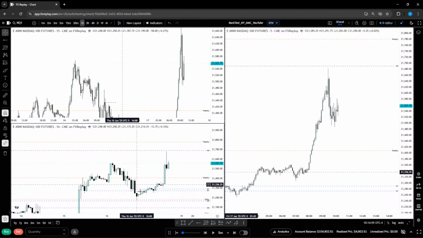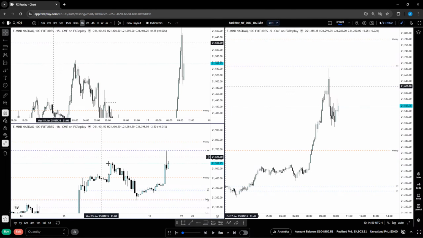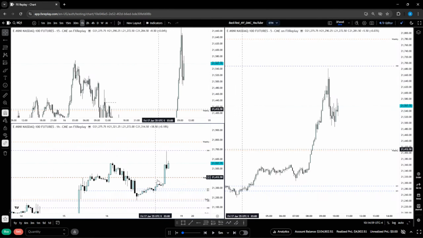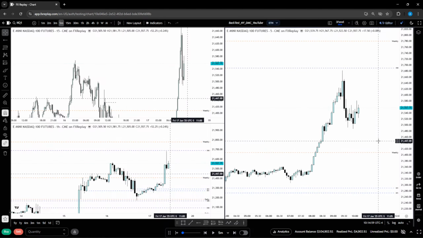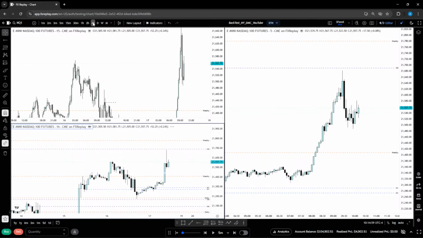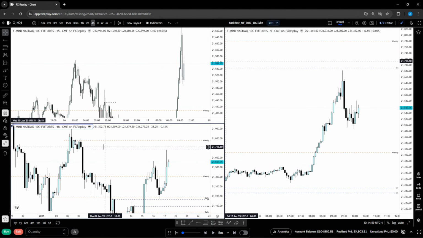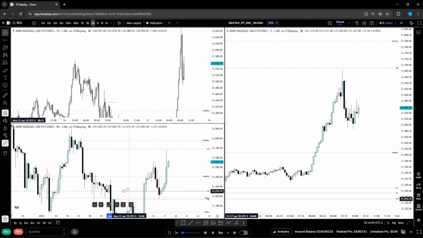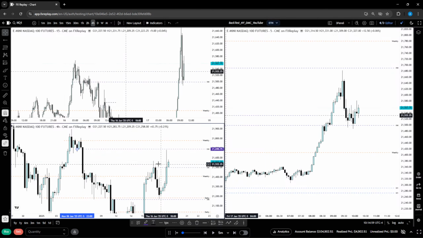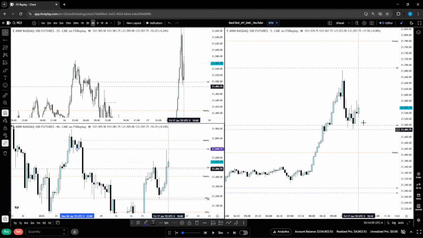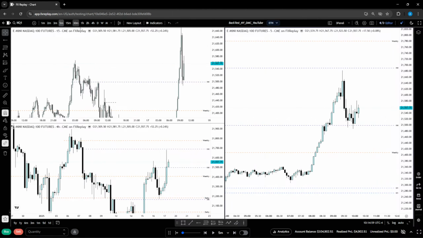There's quite a bit of levels here, all of which could either be tested or could drag us back up. So this is a 4-hour, immediate 4-hour. Okay, so we could work off of these ones maybe.